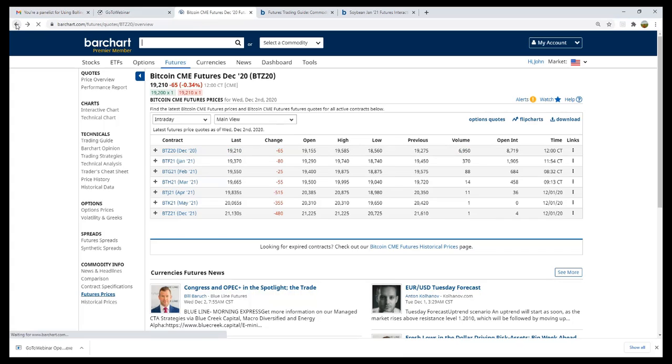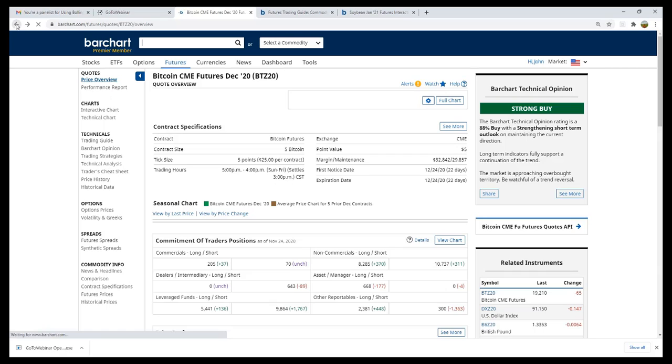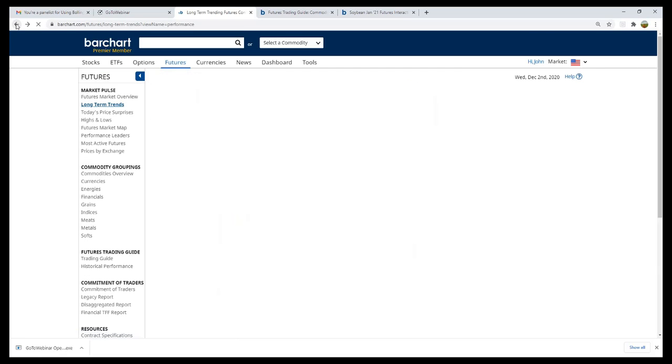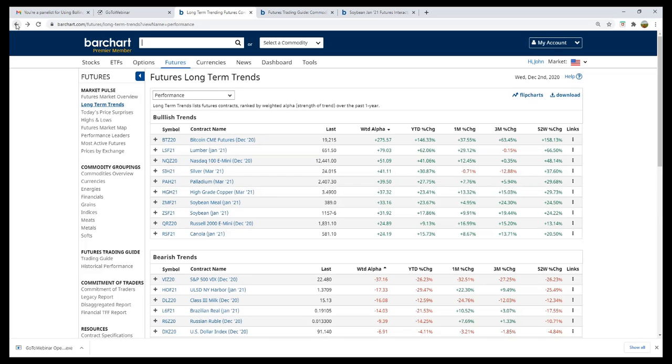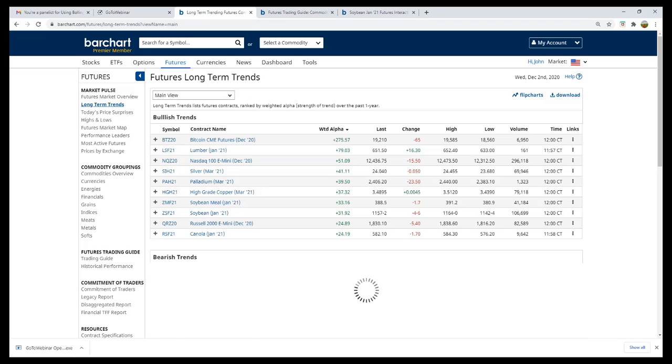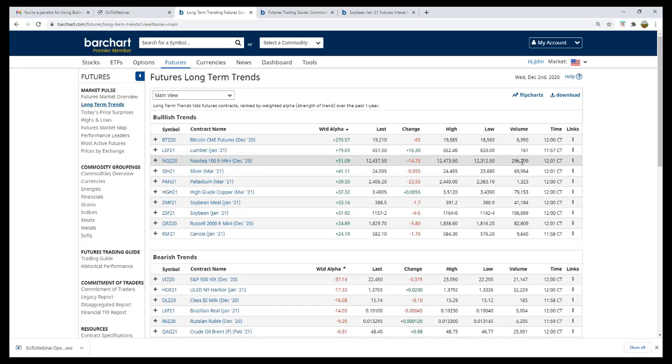So, just as a reference, again, don't hold me to this, volume-wise, I want to see at least somewhere in that 10,000 to maybe 25,000 on a daily basis, and open interest, I would say somewhere in that 30 to 50,000. Those would be the minimum thresholds I would look for, but we could look for some greater volumes and open interest. So, in my main view, I can look and it will show me volumes, and you can see that.